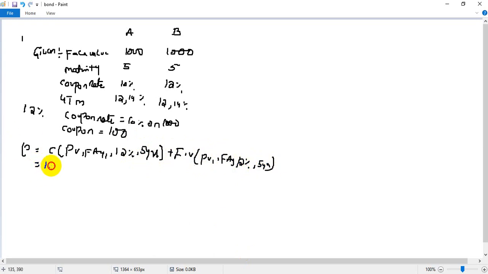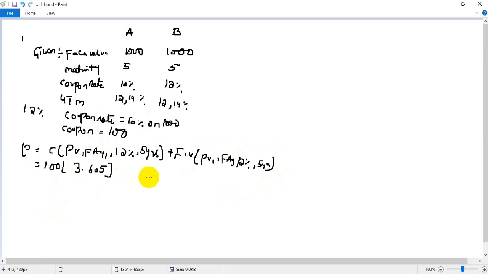So over here it is 100 into PVIFA 12%. You need to check this in the table I have already written. The very first you need to refer to the A4 table, then the A3 table. In the A4 table, 12%, fifth year row you need to check. You will get the value 3.605.